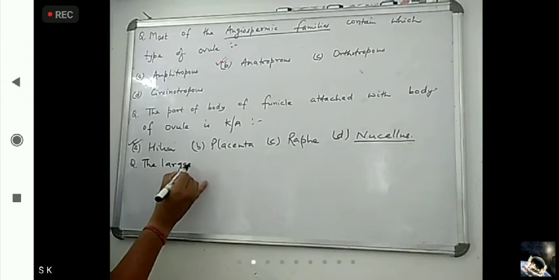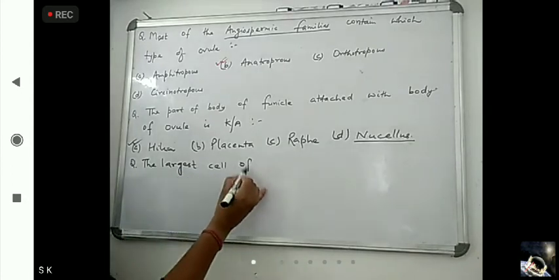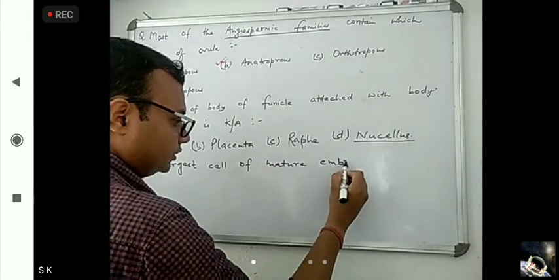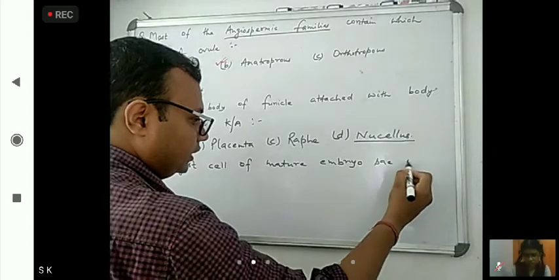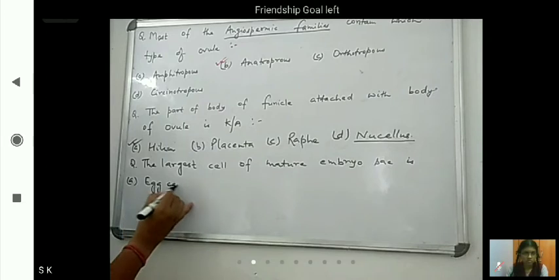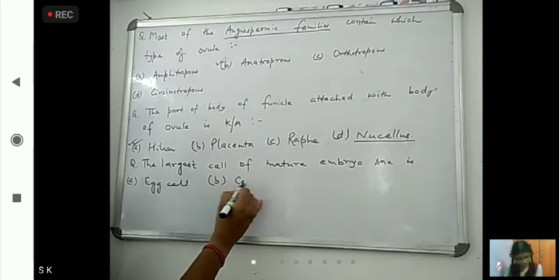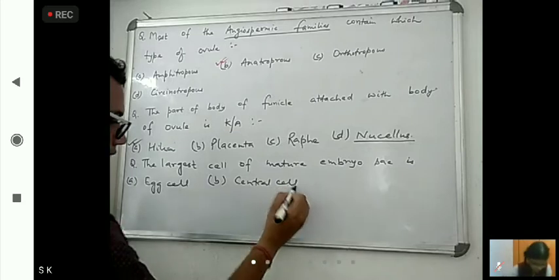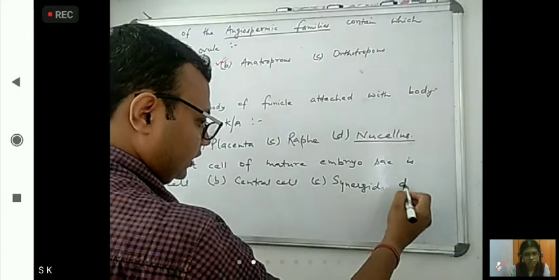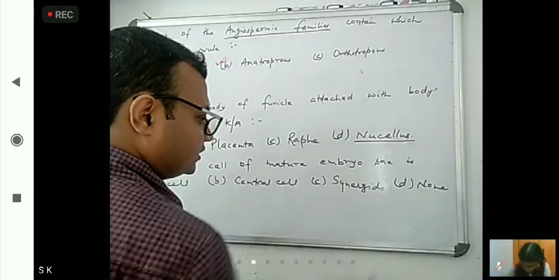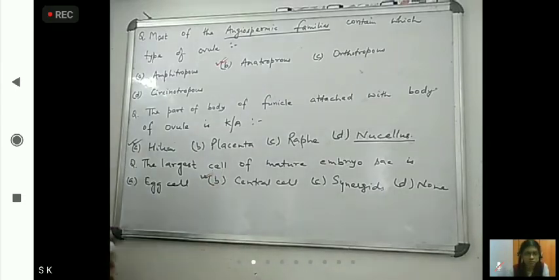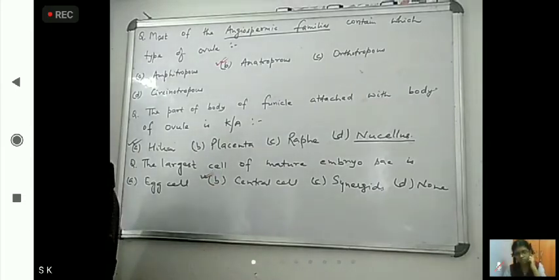Options are there: egg cell, central cell, synergids, and the last is none. So what will the answer? Tell me. Recently we have discussed. Central cell is the largest cell of mature embryo sac.